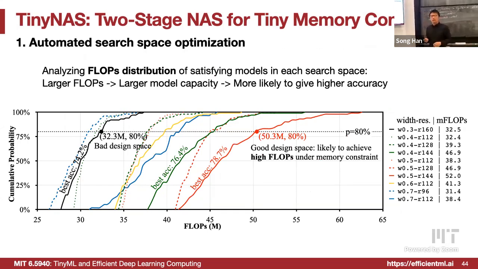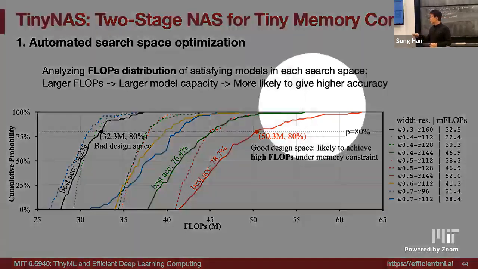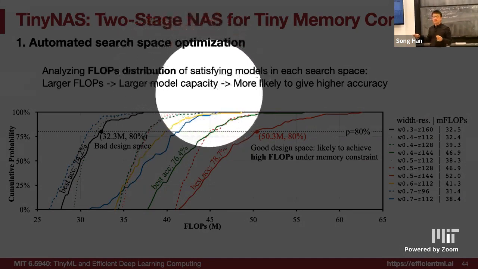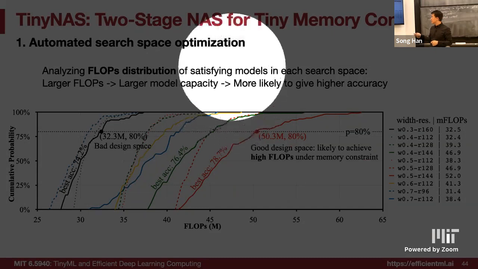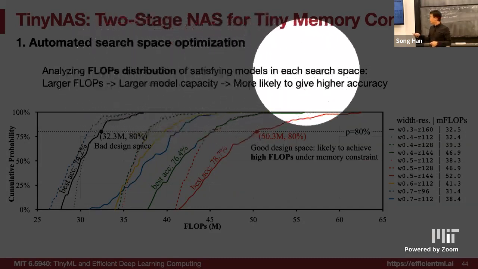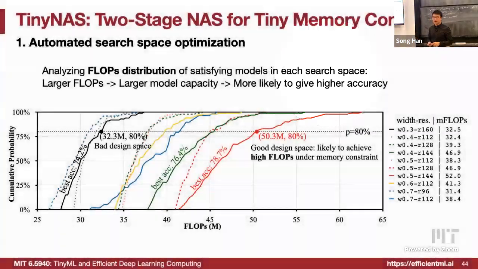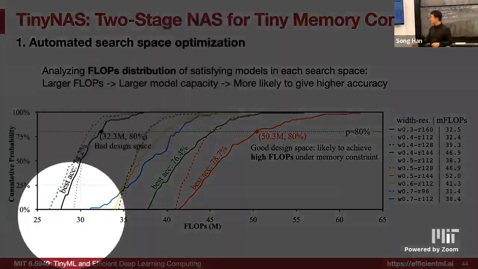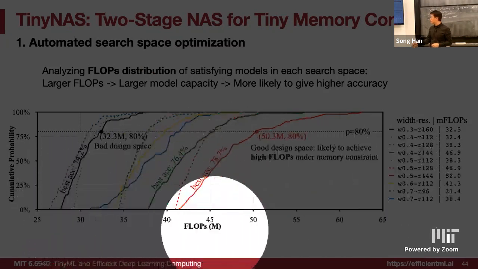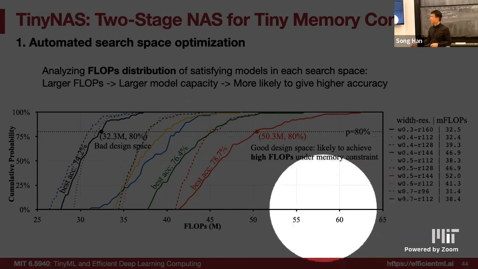So here is the algorithm for automated search space optimization. We want to analyze the FLOPs distribution for satisfying models in each search space. We have seen this figure before, but let's dive deeper today. Here, the x-axis is the number of FLOPs in the search space, from 25 million FLOPs to 65 million FLOPs.